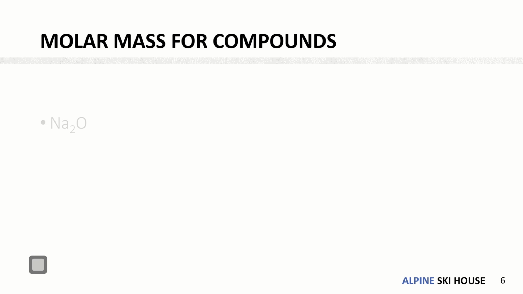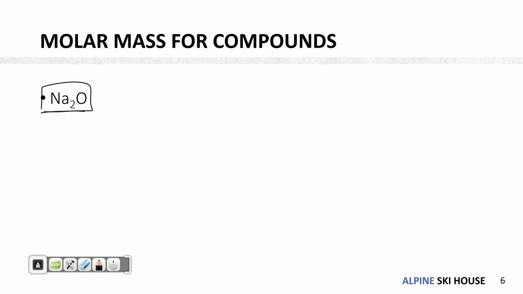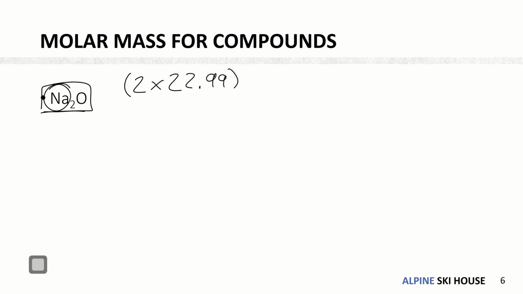All right, what about compounds? For compounds, this is what we do. Okay, we need to be able to count the atoms correctly. So what this is saying is this compound, sodium oxide, has 2 sodiums. So what we're going to be doing is multiplying the molar mass of sodium, which is 22.99, times 2.